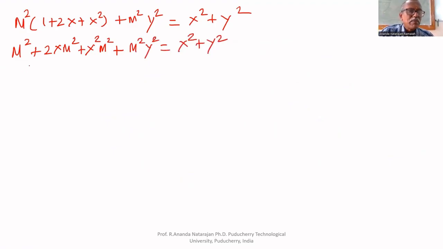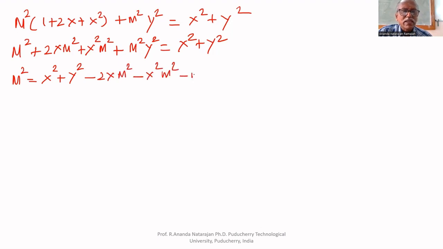Keep M square on one side and bring all other things to the other side. You will get M square equals x square plus y square minus 2x M square minus x square M square minus M square y square. Group x square together: 1 minus M square.